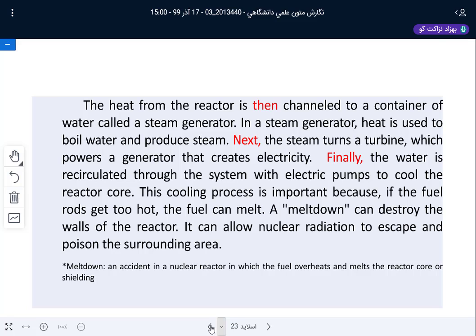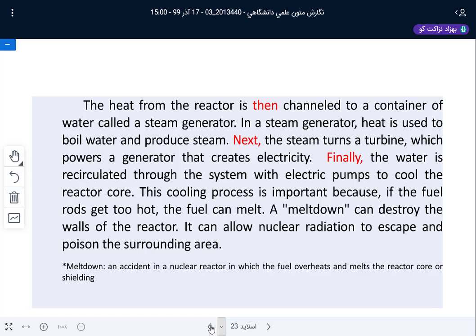In a steam generator, heat is used to boil water and produce steam. So what? Next, what happens? The steam turns the turbine, which powers the generator that creates electricity. Okay, what happens next? Finally, the water is circulated through the system with electric pumps to cool the reactor core.